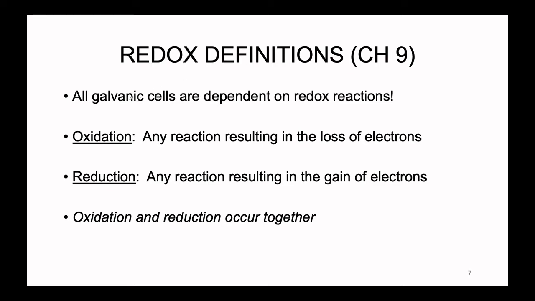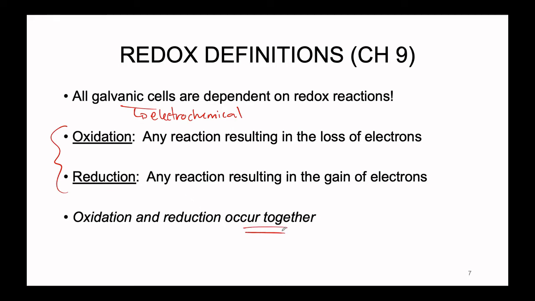All right, so all galvanic cells, which are types of electrochemical cells, are dependent on redox reactions. A redox reaction is the combination of an oxidation and a reduction reaction that always occur together.